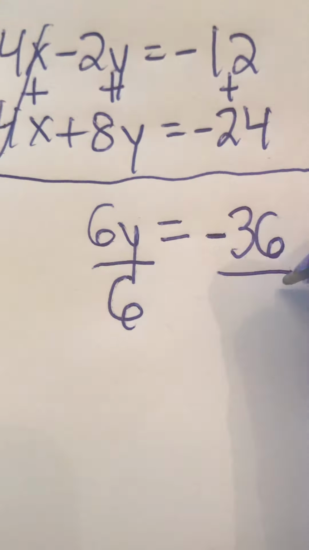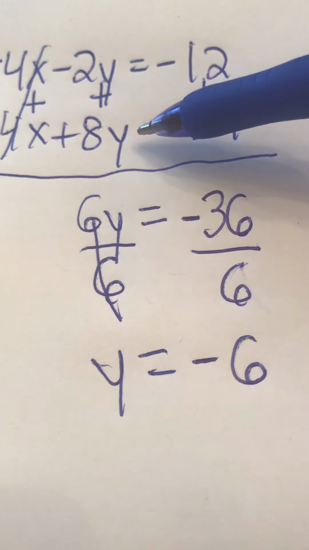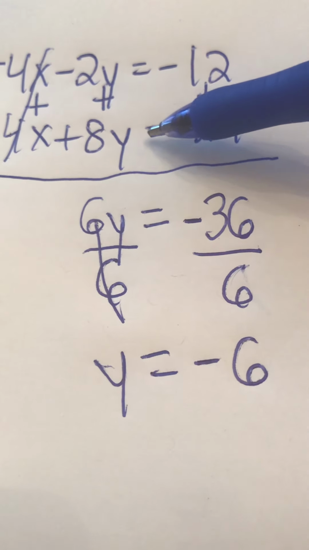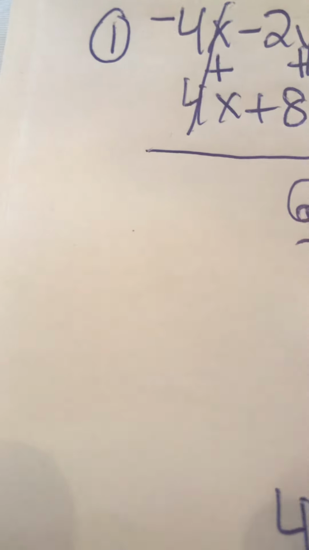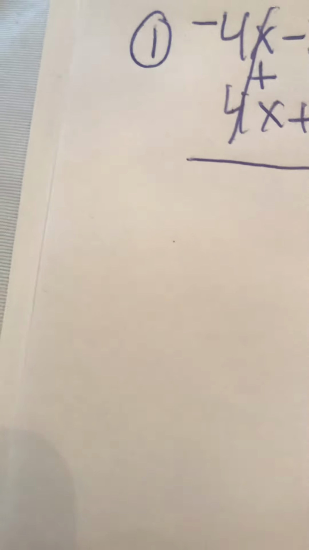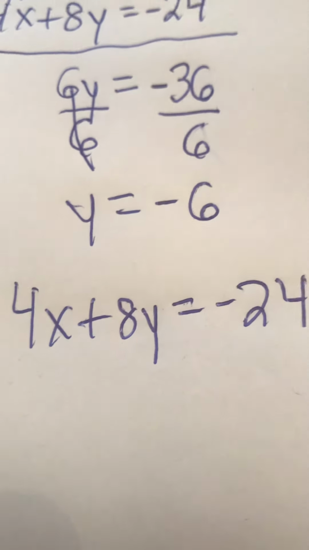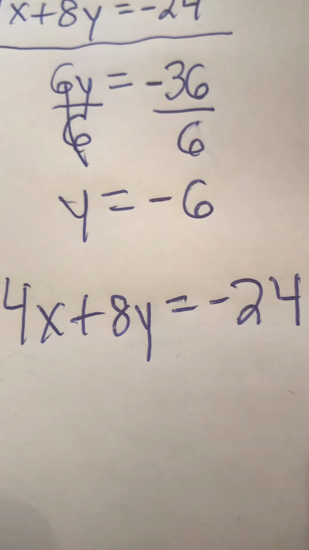So I'm actually going to focus in on this second equation to plug that y value in there and solve for x. So I'm going to rewrite it: 4x plus 8y equals negative 24. And remember, we determined already that y is equal to negative 6.